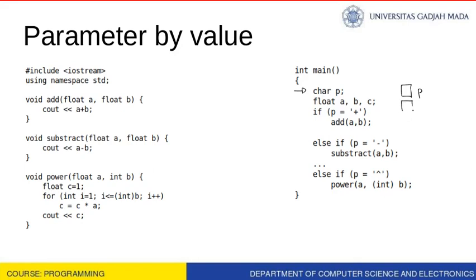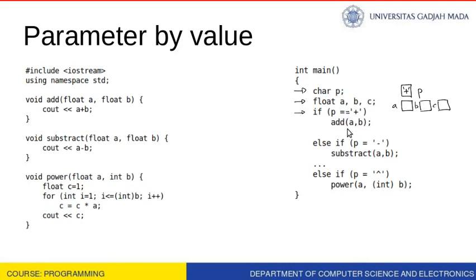Then the second line we will have a, b, and c memory allocations. Suppose p is an addition sign, so the condition will be true for the third line. This should be double equal.